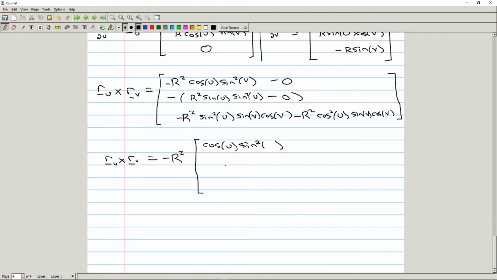That's negative r squared times cosine of u sine squared of v. It'll be sine of u times sine squared of v. And then lastly, you have sine squared plus cosine squared here, so it'll just be sine of v cosine of v.